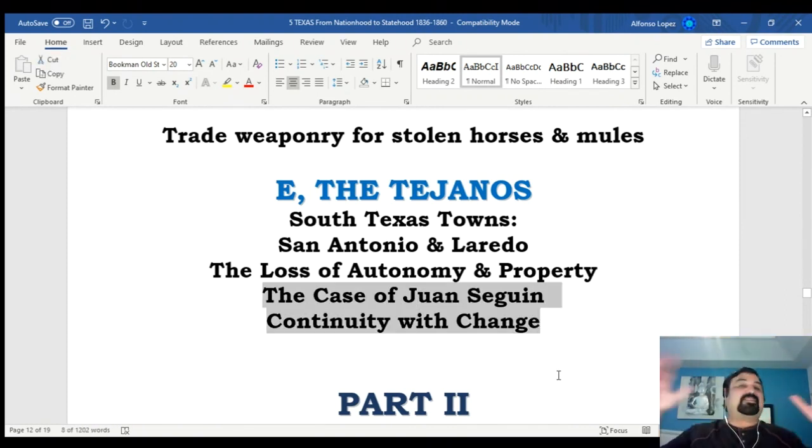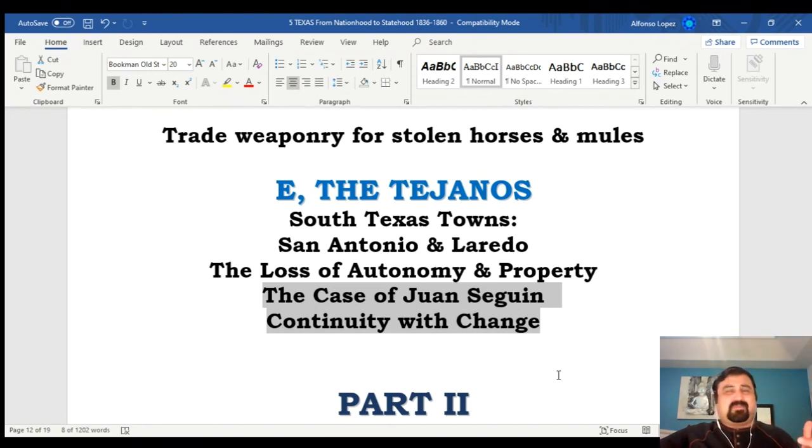One of the wealthiest cattle ranchers of Texas during the Mexican period, by the way, is going to also lose significant property. Again, his cattle ranch will be seized, etc. And he had to flee actually into Mexico itself. He had to leave into Mexico altogether.